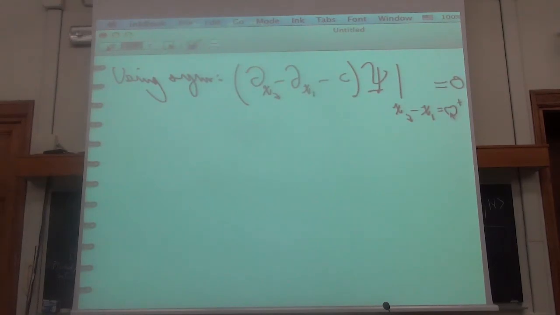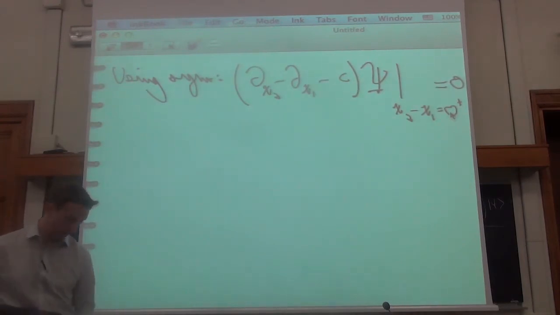So this is the cusp condition. I'm sure you can do that very easily.